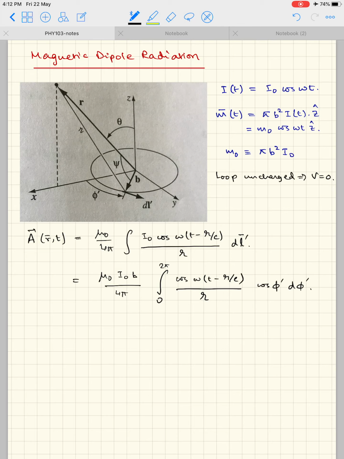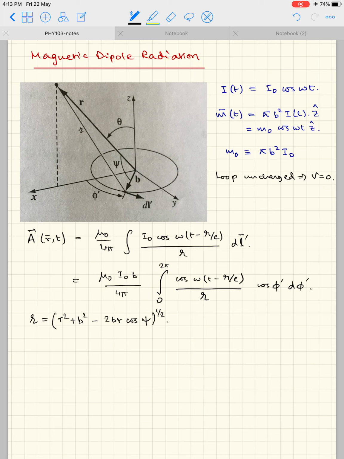Now again, script r is nothing but the square root of r squared plus b squared minus twice br cosine of psi, where psi is again given in the figure as the angle between these two vectors r and b.